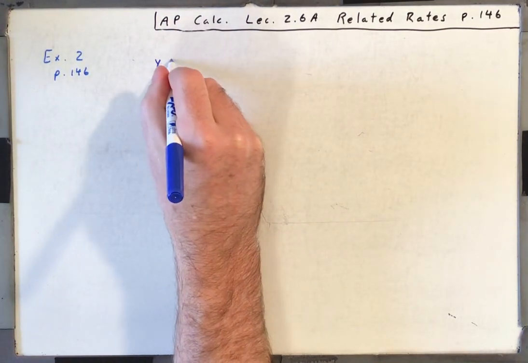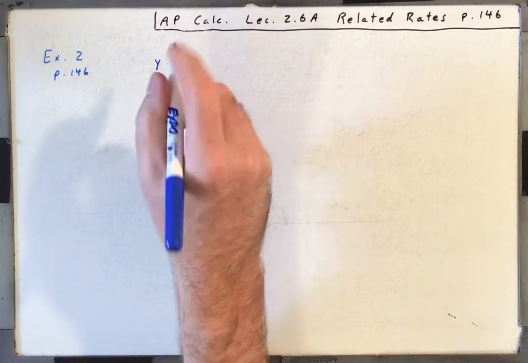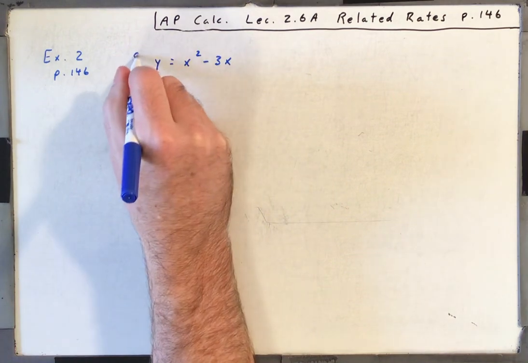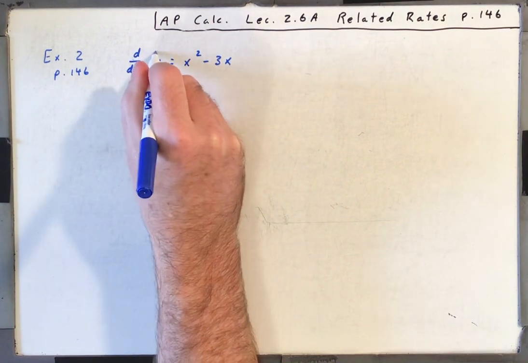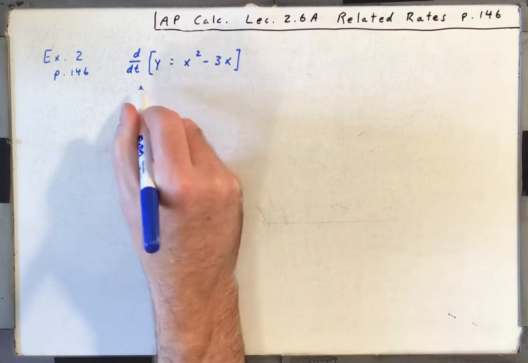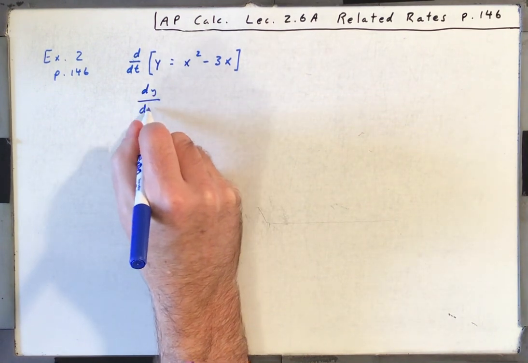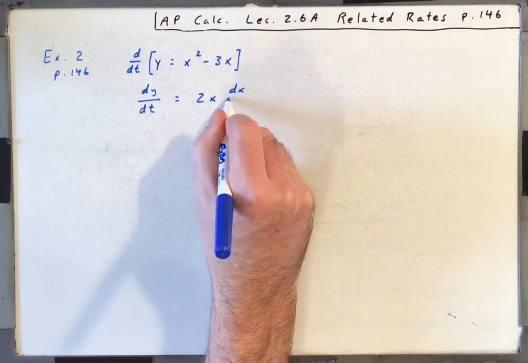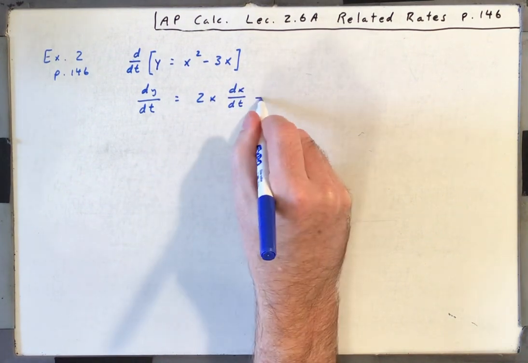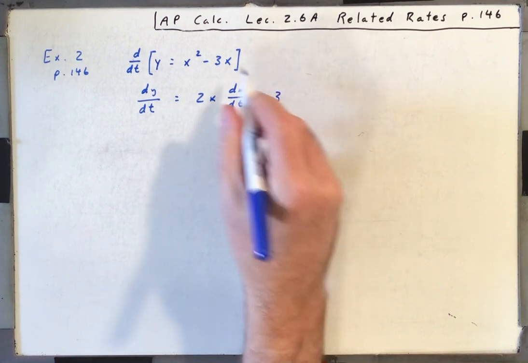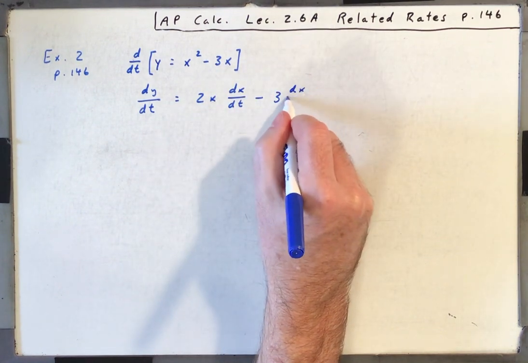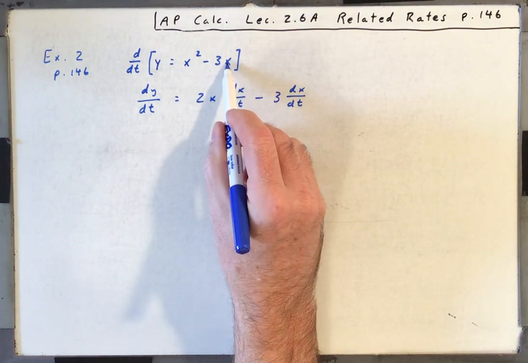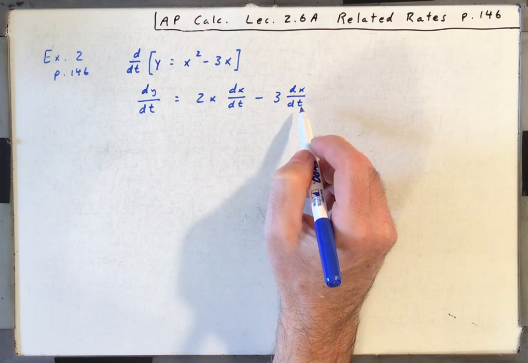So we have y is equal to x squared minus 3x. We're going to differentiate that with respect to time. So dy/dt is equal to 2x dx/dt minus 3, but also there's a dx/dt there, because the derivative of x is dx/dt.